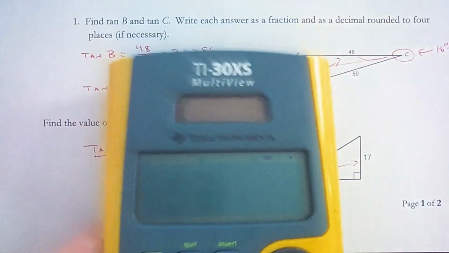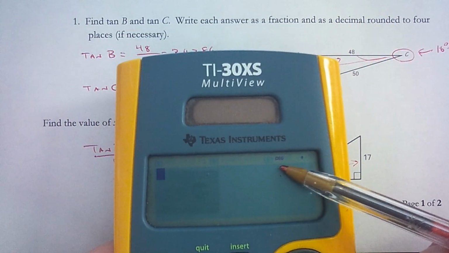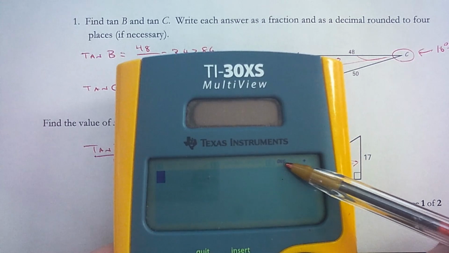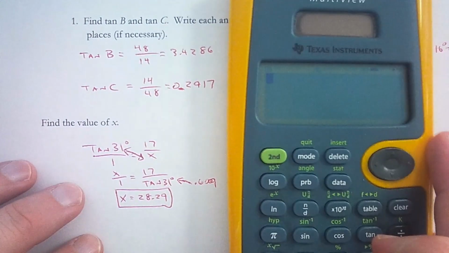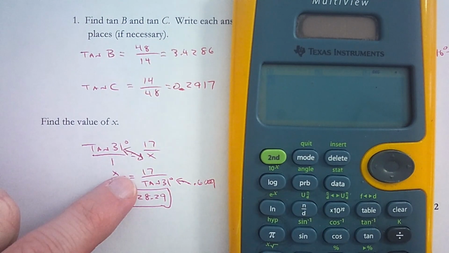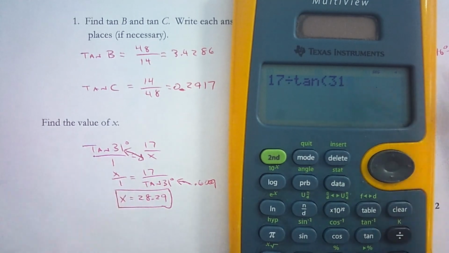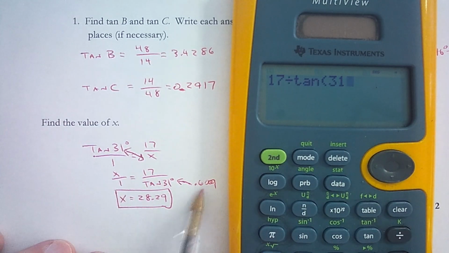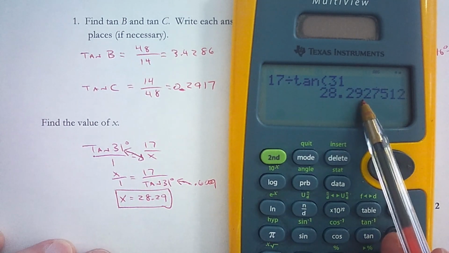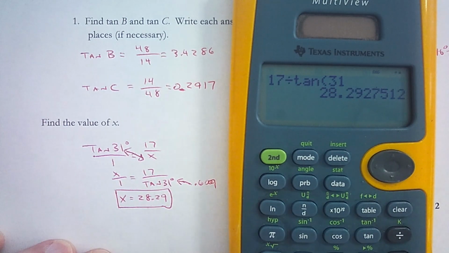You might also have right here it says DEG, so we know we are in degrees mode. Okay, so I could type in 17 divided by tangent 31, and the calculator already knows that tangent 31 is 0.6009. And when I divide, I get 28.29, just like I had already.